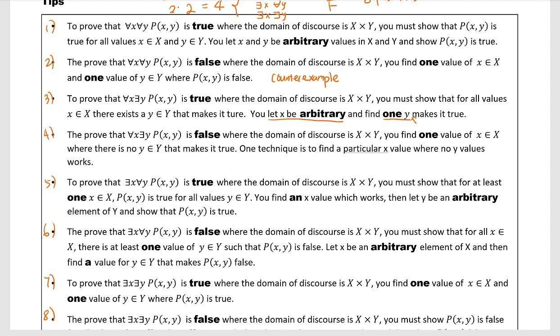Usually this y value depends on x. What does that mean? Sometimes you have to separate into cases. Depending on your x values, your y in the different cases might change. So it's not the case that you find one y that works for all the x's. Usually, for different x, you might have a different y.